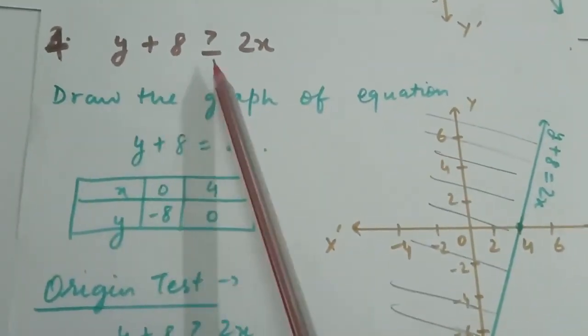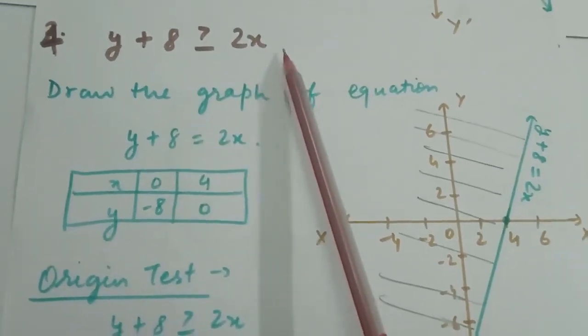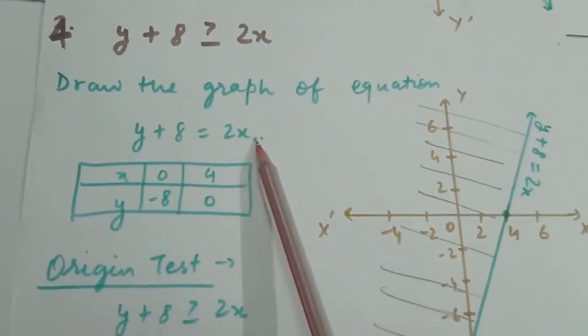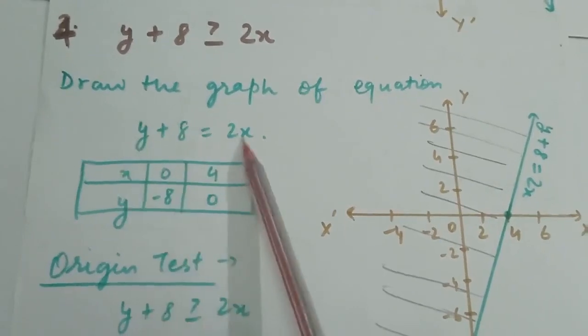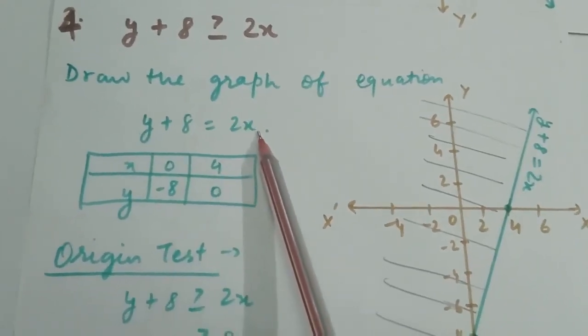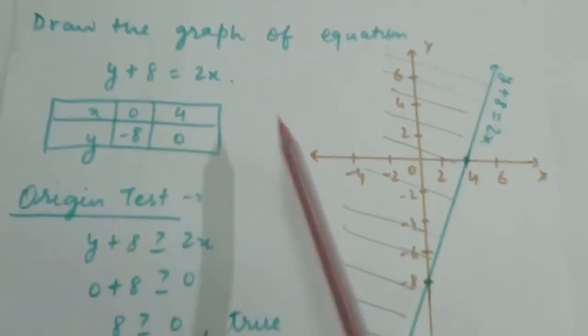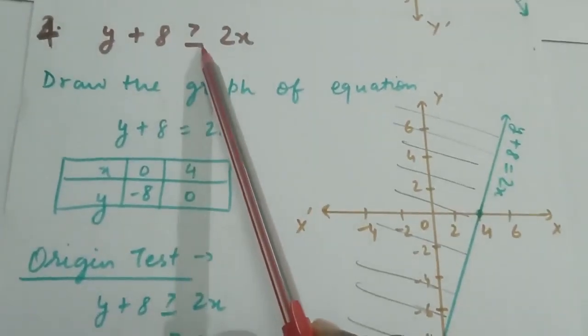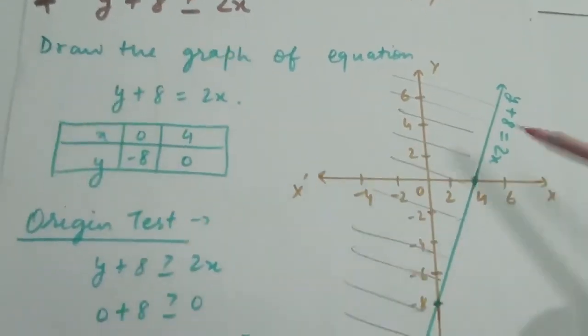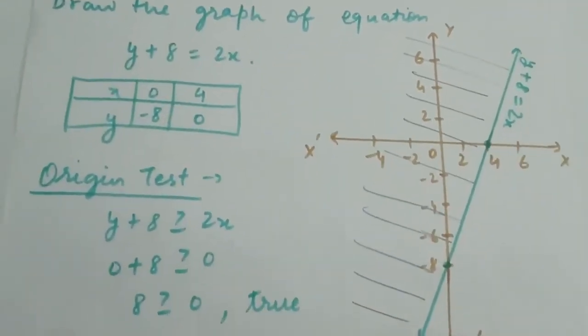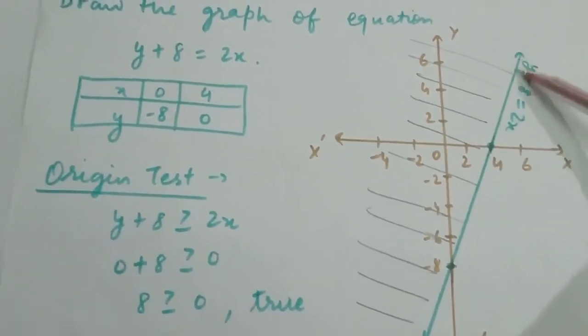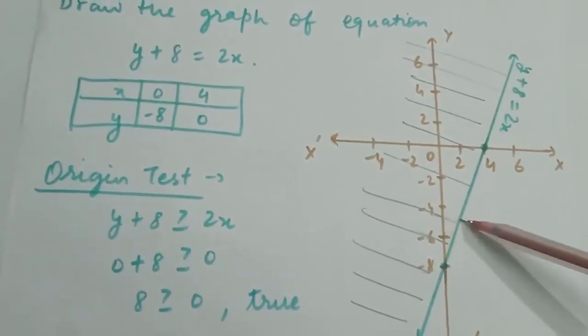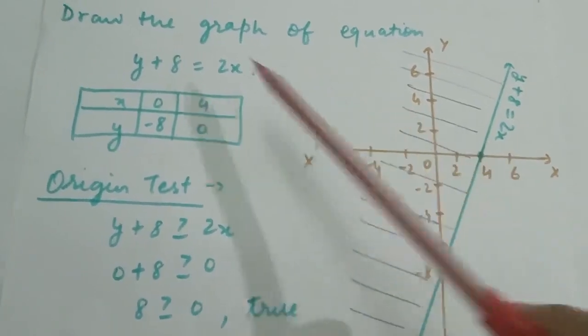y plus 8 is greater than or equal to 2x. So first of all, draw the graph of the equation y plus 8 equal to 2x. Also the equality is there in the question, so we'll draw the dark line, right? So this is the graph of the equation.